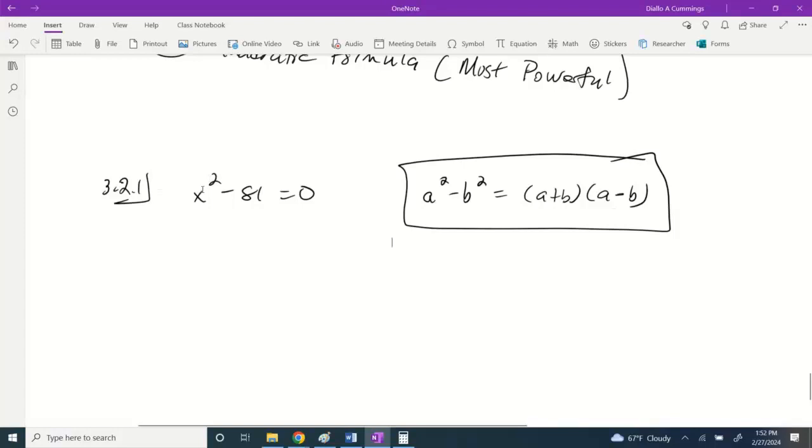That means the first term would have to be a perfect square, the last term would have to be a perfect square, and there has to be a minus between the two. So if our equation fits this condition, then you can take a plus b, but notice I'm not given a, I'm given a squared, but I can find a. I'm not given b, I'm given b squared, but I can find b, times a minus b.